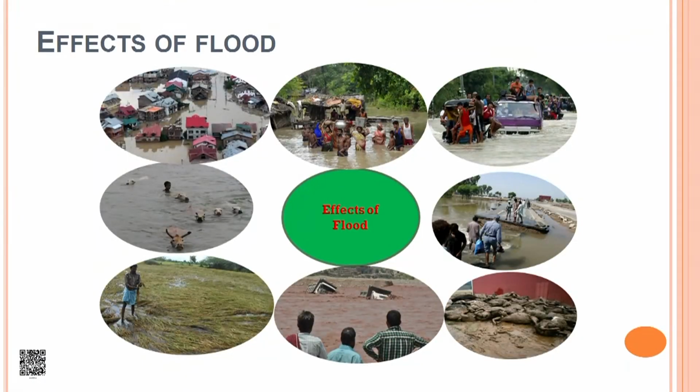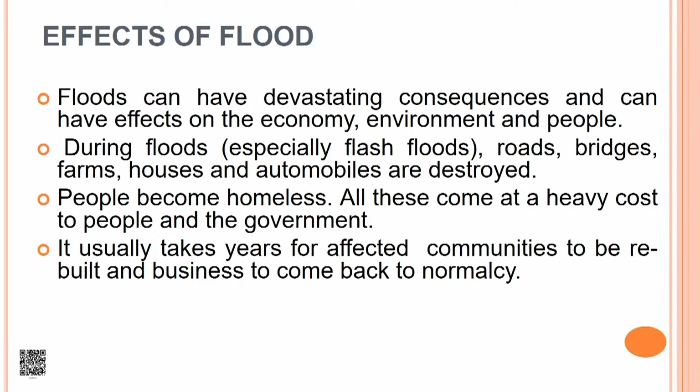So, these are the effects of flood. Flood can have devastating consequences and can affect our economy, environment and humans, as well as our cattle and our agriculture. During floods, roads, bridges, farmhouses and automobiles are also destroyed.